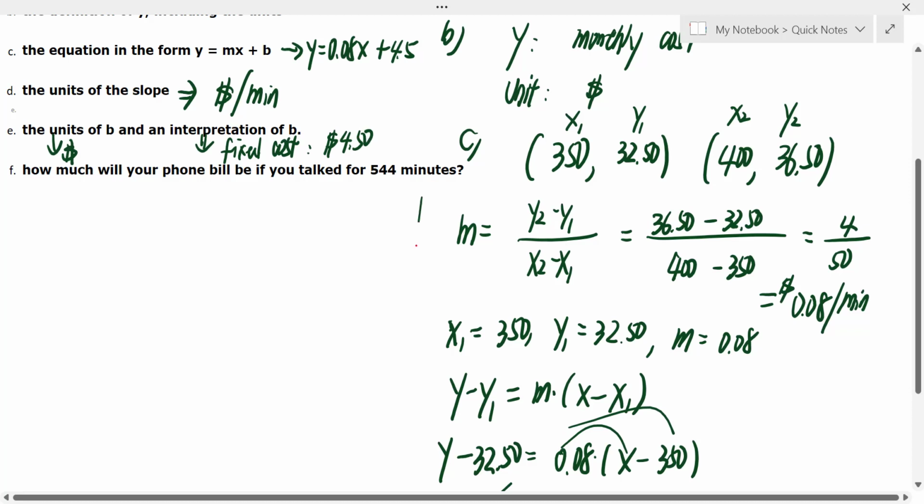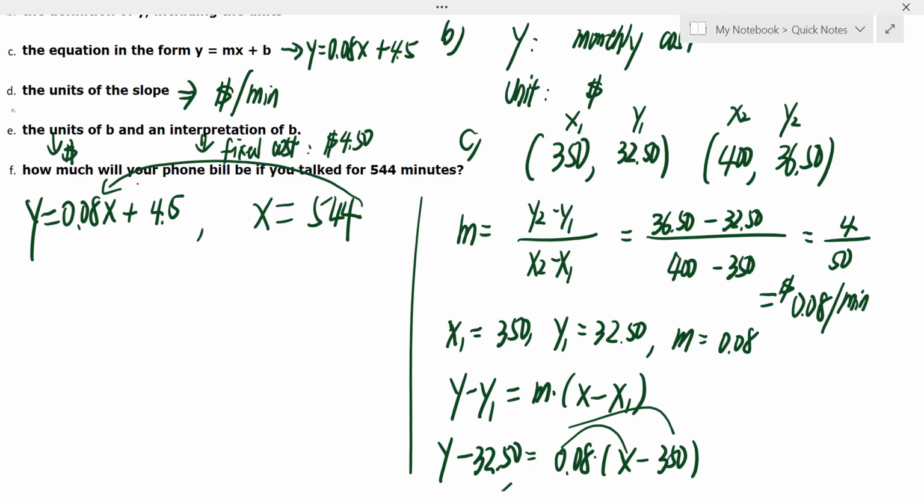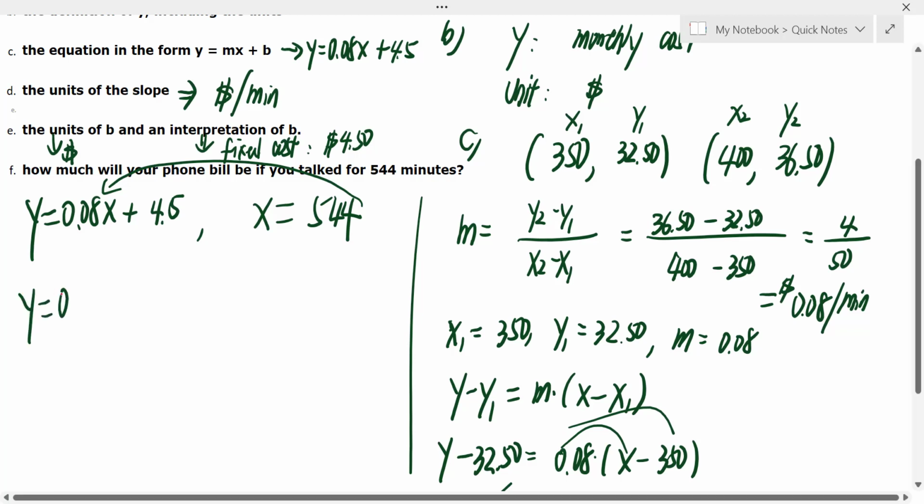And how much will be your phone bill if you talk for 544 minutes? Now we have an equation here, and we are computing total cost for one x value equals 544 minutes. So now we place 544 minutes, and then we can solve for the y value, which is total cost. 0.08 times 544, plus 4.5.